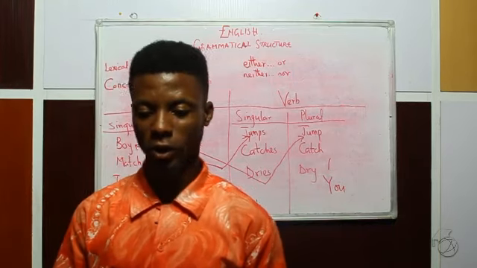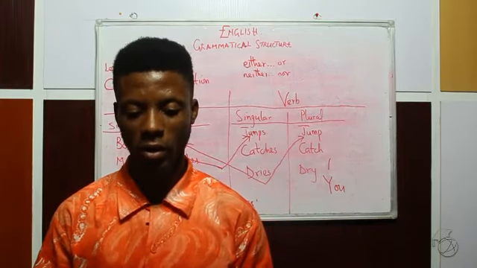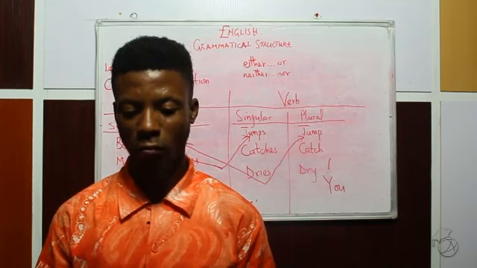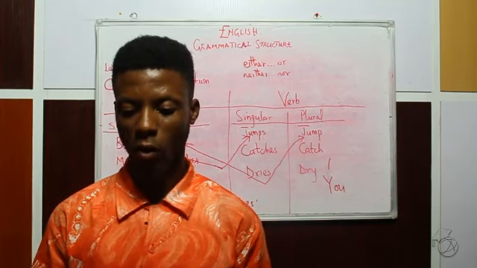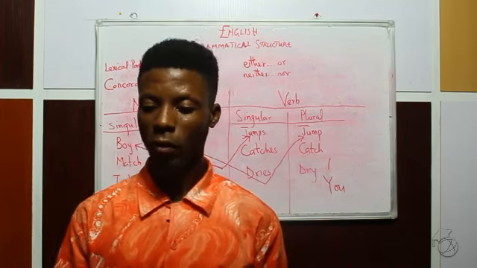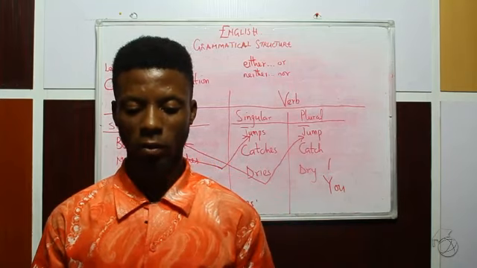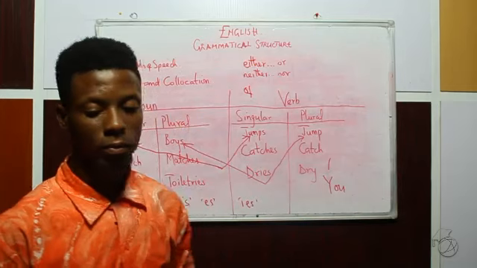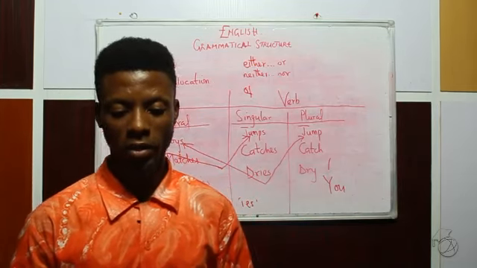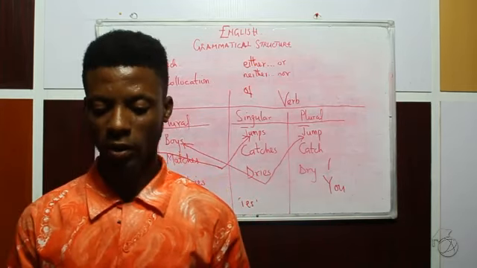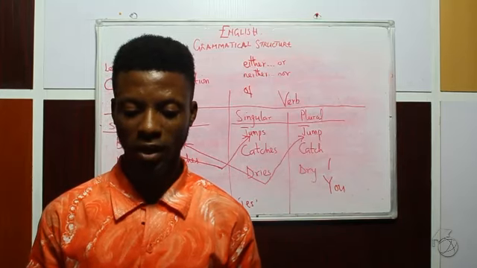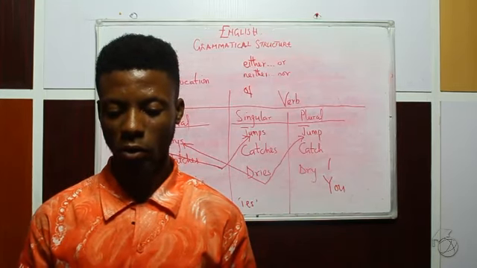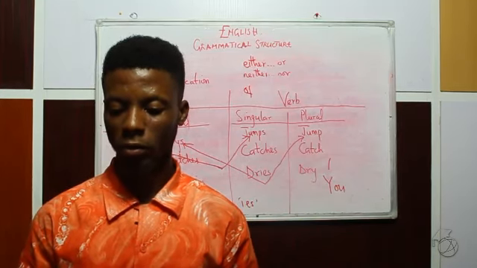Another application of the rule of Concord says, when a percentage or fraction is the subject of a sentence, followed by of, it is the noun or pronoun that follows the percentage or fraction that determines the verb to use, not the percentage or fraction.